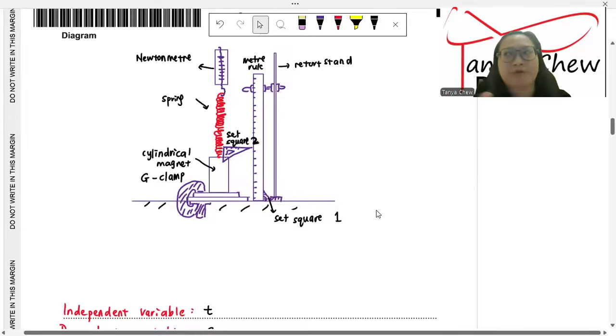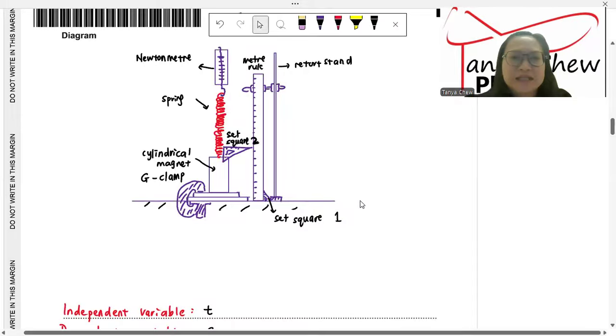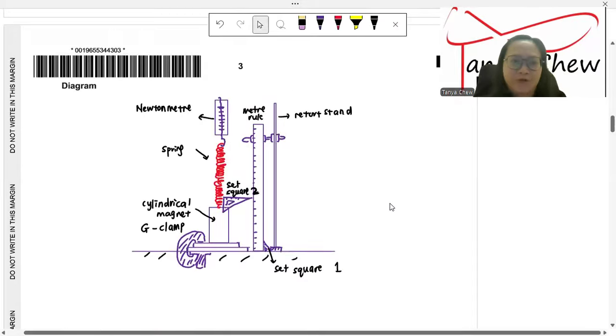Each and every time, even if the question mentions you may not draw a diagram, I would strongly suggest you draw one, because by drawing the diagram, you can see the overall picture of what will happen during the experiment, so you can plan your experiment in a nicer way instead of crossing out here and putting an arrow up there, an arrow down here. That would be very, very messy. Don't you think so? Now, this is my setup for the experiment.